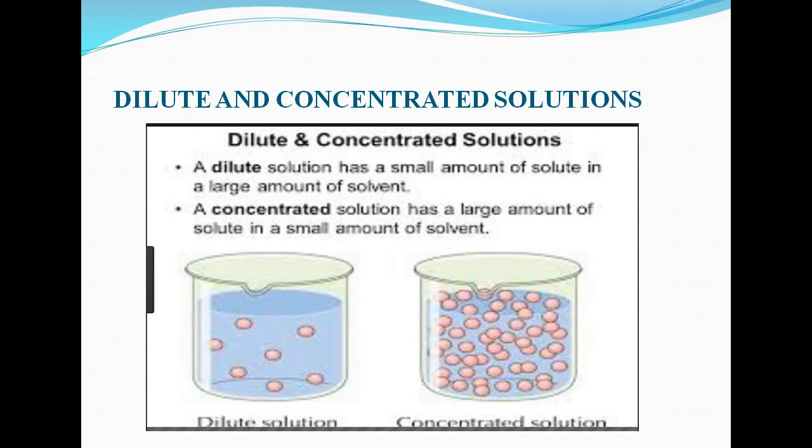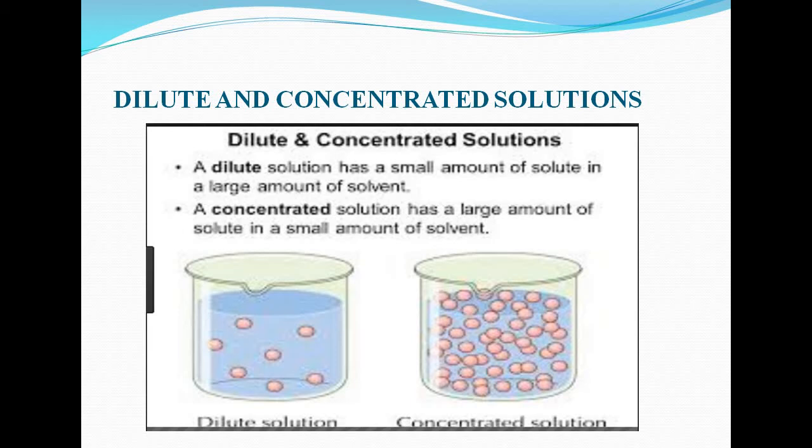For example, we take 1 dm cube, or 1 liter, of water, and we add a small amount of solute in the first beaker and a large amount of solute in the second beaker. The pink ball shows the amount of solute in it. So the first beaker contains a lesser quantity of solute and the second beaker contains a larger quantity.